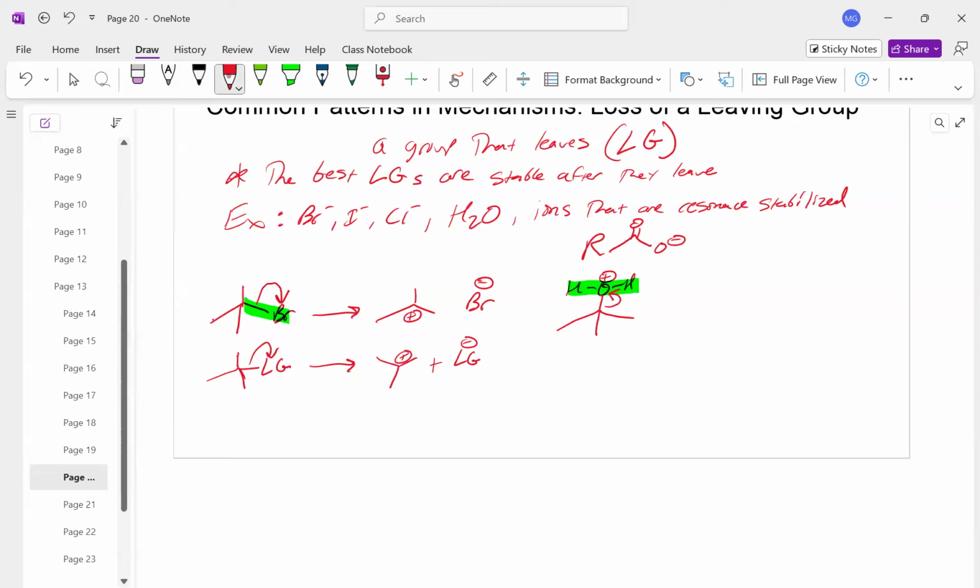So I'm going to break that bond between the carbon and the oxygen. Since the electrons left that carbon, it becomes positively charged. The electrons went to the oxygen, and so now the oxygen has a formal charge of 0.